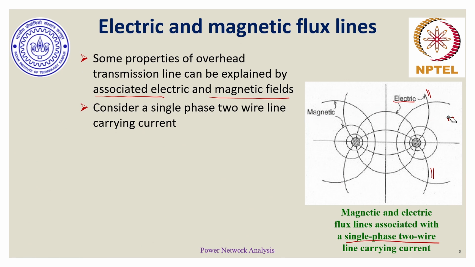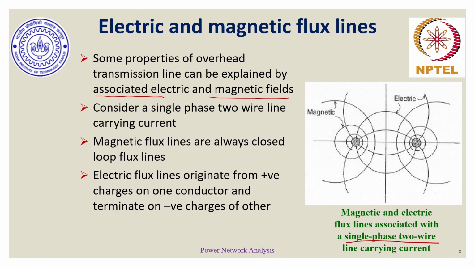If we recollect our synchronous generator discussion, we talked about magnetic field lines, or flux lines, at length, wherein we understood that magnetic field lines are always closed loop lines, and they are always concentric around the current carrying conductor. So let me explain how this is happening.